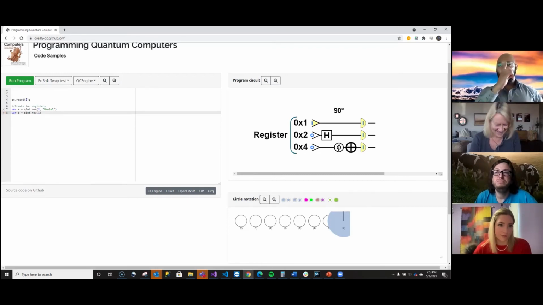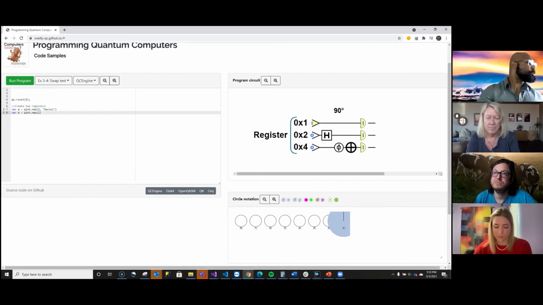So we initialize 3 qubits. It's interesting because I think I prefer saying we allocate, because there's another thing that we do where we write a value. So for example, let me show you.